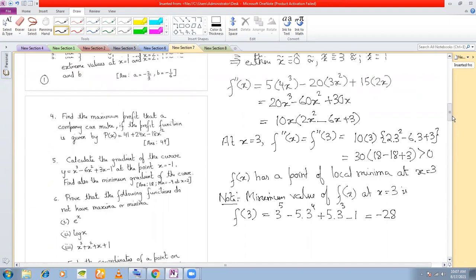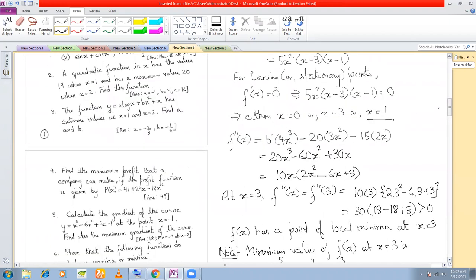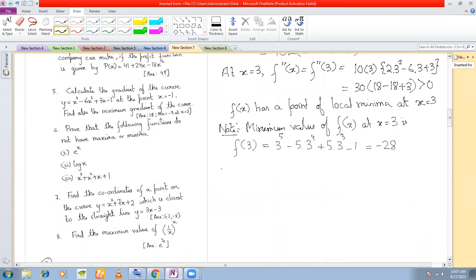Now what is the next point here? The next point that we are getting is x is equal to 1. At x is equal to 1, f double dash x is equal to f double dash 1, 10 into 1, 2 into 1 square minus 6 into 1 plus 3.